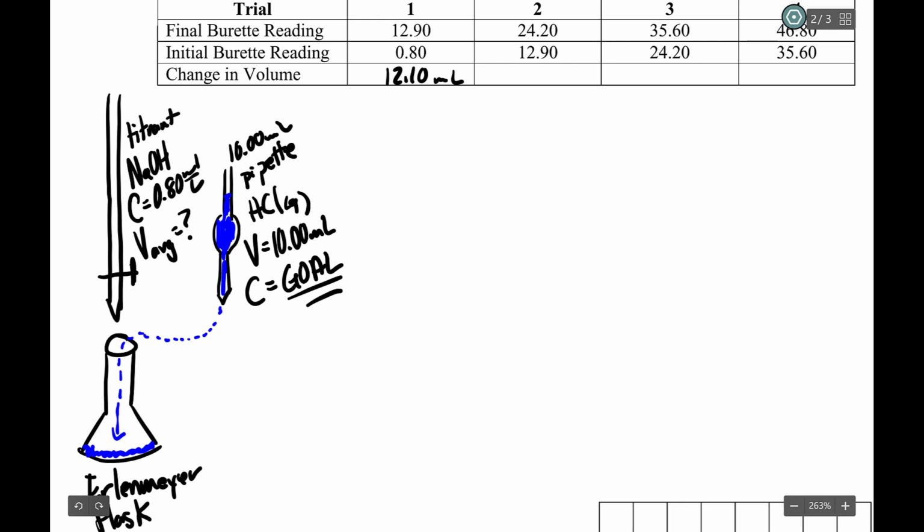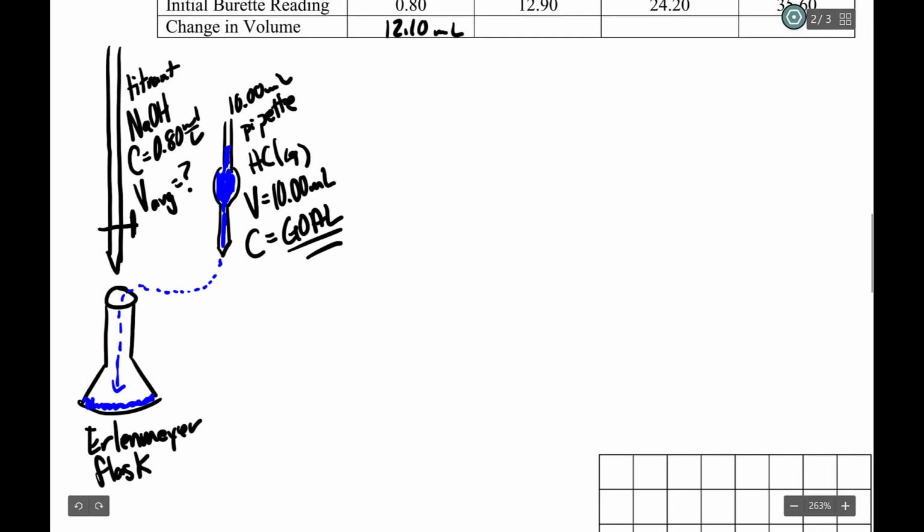I want to talk about this endpoint a bit. An endpoint, not equivalence point, is when an indicator changes color.